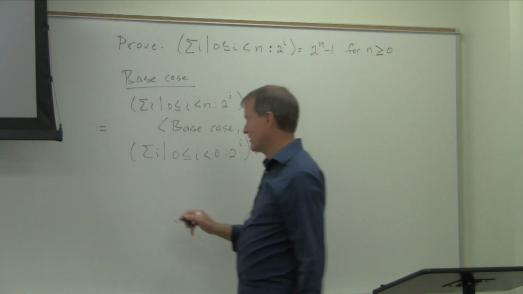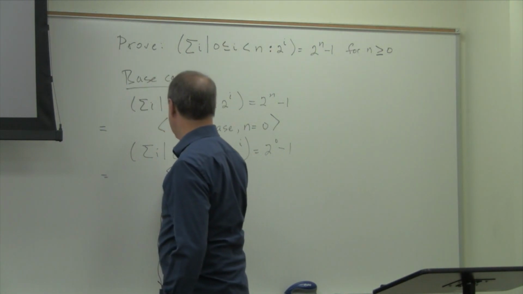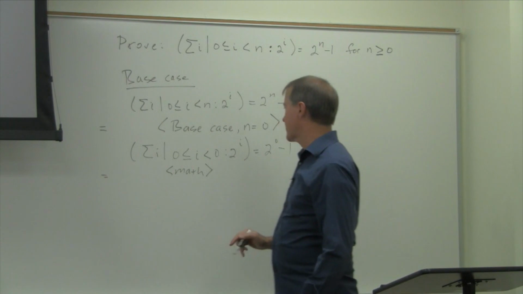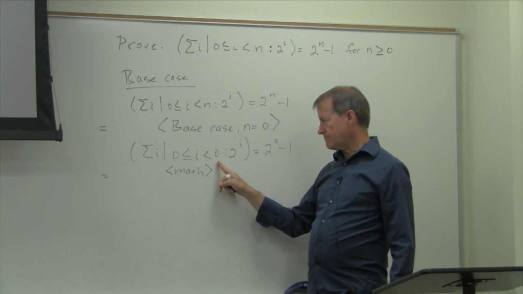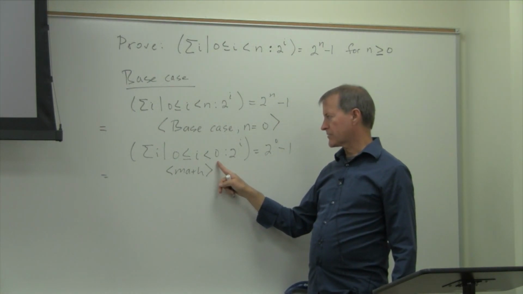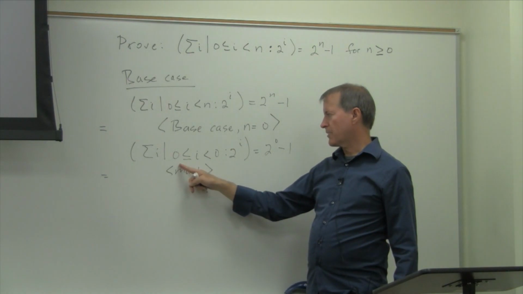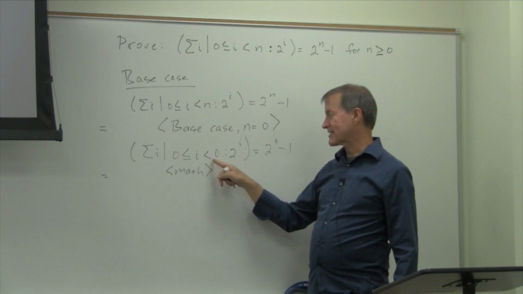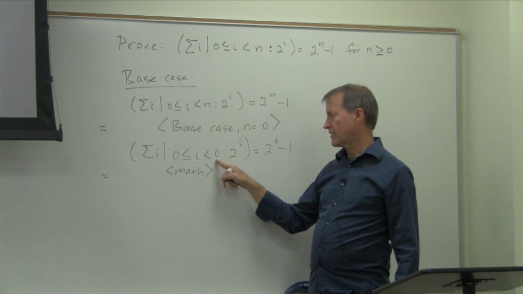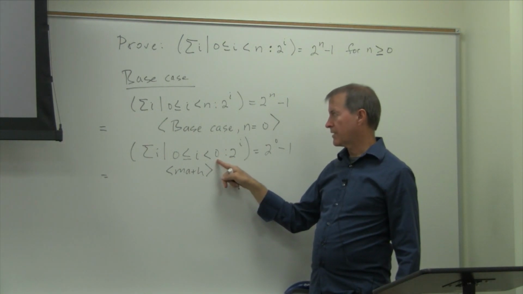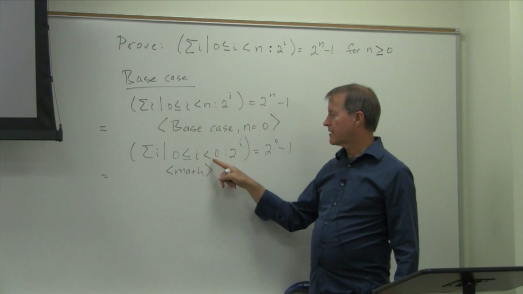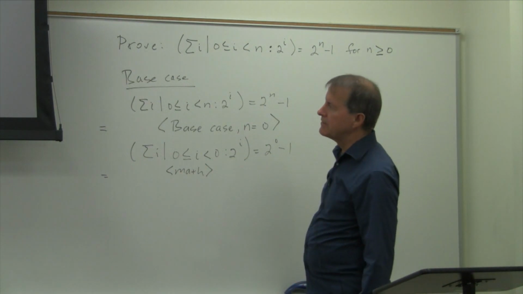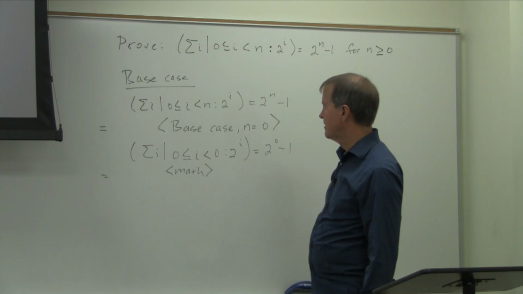Equals, by math. Now, what are the possible values of I here? 0 is less than or equal to I, which is less than 0. Is I still a natural number? Well, it could be an integer, actually, but it can't be a fraction.